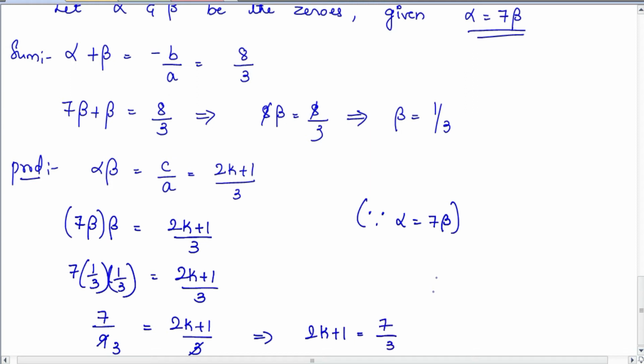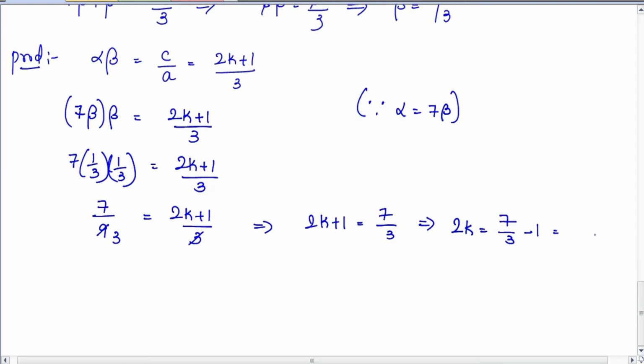Take 1 to RHS. 2k equals 7 by 3 minus 1. Okay, so 7 by 3 minus 1 gives you 7 minus 3 by 3, which is going to be 4 by 3. So k is equal to, 2 gets cancelled, you will get 2 by 3. So this is the solution. So therefore k is 2 by 3.